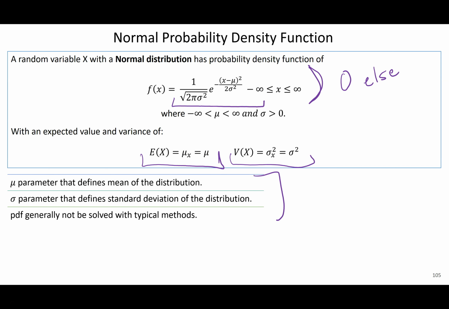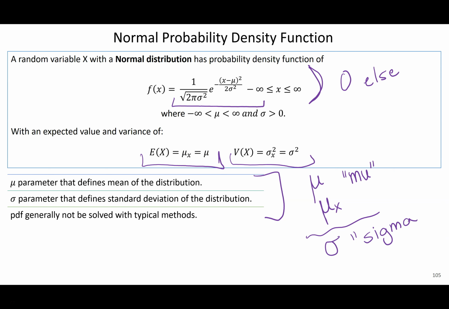So just some notation here. Mu, this is the Greek letter mu. Occasionally I'll write mu of x. So if I said, hey, x is my random variable, the mean of that random variable is mu x. Sigma, so this is sigma.